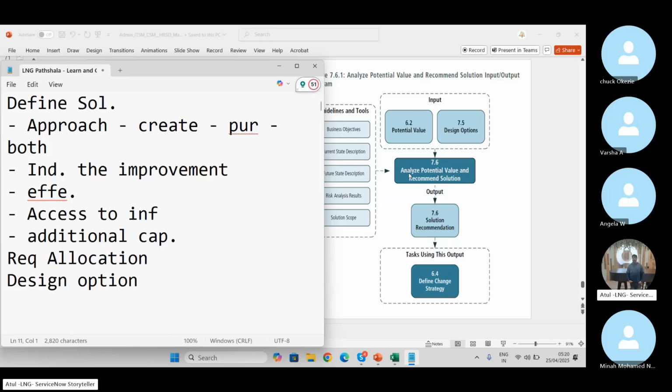So as a business analyst, a customer reaches out to me: "Atul, we want to go for the service now." Okay, good. Can you tell me whether we should go for cloud based or on premises? Then I prepare a presentation with both options, cloud based and on premises.